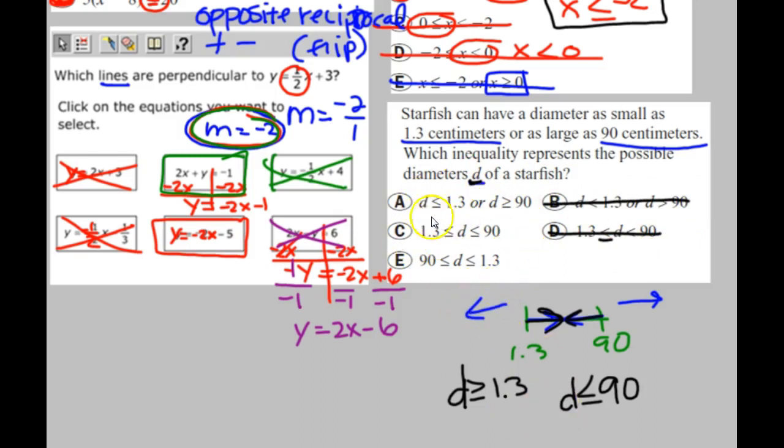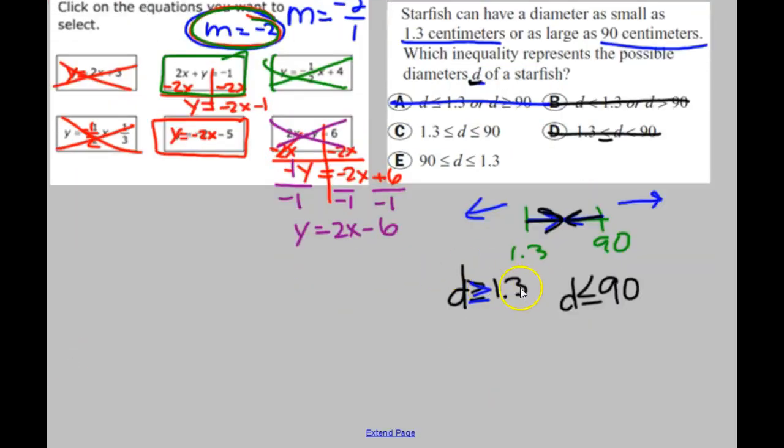So let's see if this first one matches. D is less than or equal to 1.3. Well, no. We wanted greater than or equal to 1.3, so that one's already out. So it's got to be one of these two. And they have our answers written together, so we can write them together as well. We always put the least number on the left and the greatest number on the right, which we have here already.